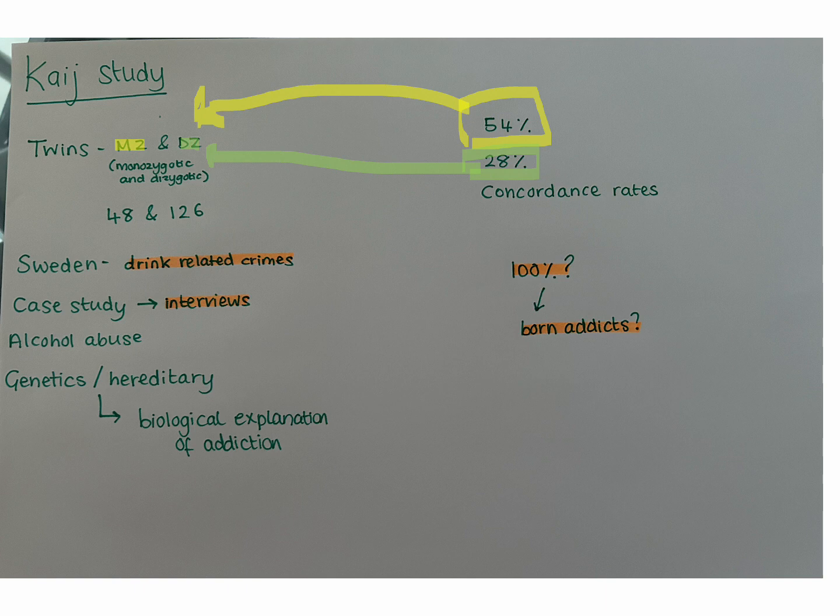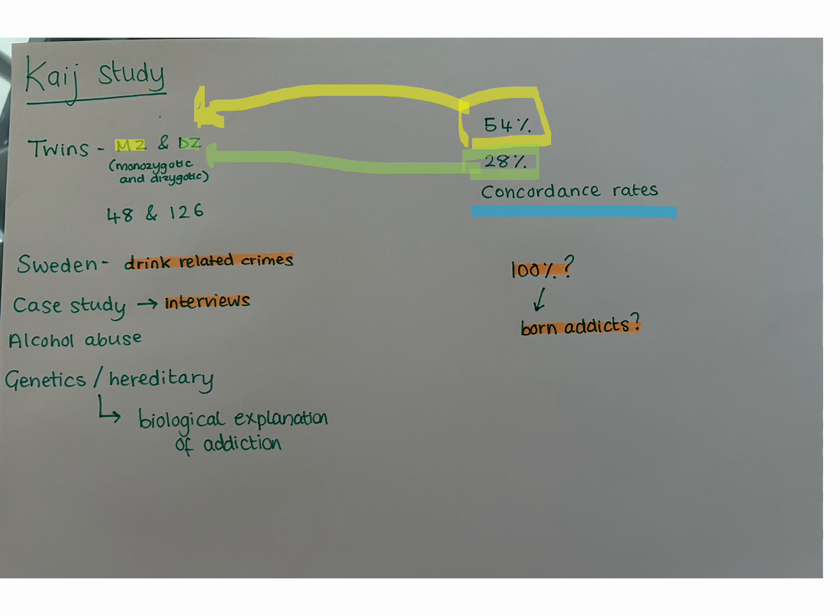So the non-identical twins, and those were the concordance rates that were produced from the study, showing that the more DNA you have in common, so those MZ twins having 100% of DNA, the higher the concordance rate, and therefore the higher likelihood that they both were alcoholics. Compared to DZ twins who only shared 50% of their DNA, the concordance rate, the findings were much lower, with only 28% of non-identical twins both being alcoholics.